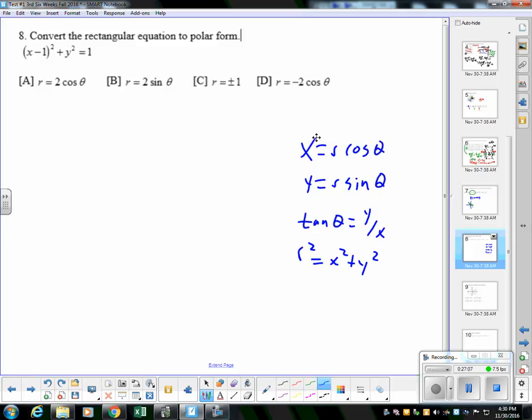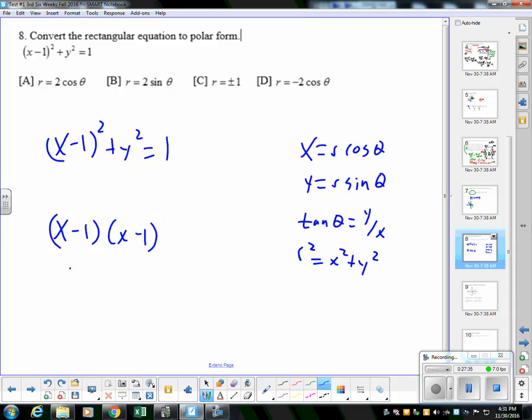Well, the first thing you have is (x minus 1) squared plus y squared is equal to 1. You've got an x squared and a y squared in there, but the problem is with (x minus 1) squared, you need to FOIL that out.